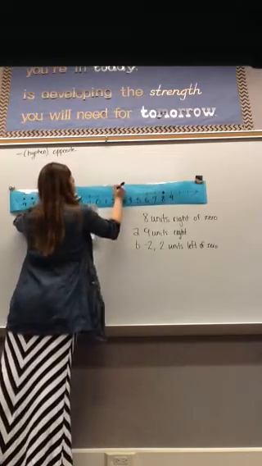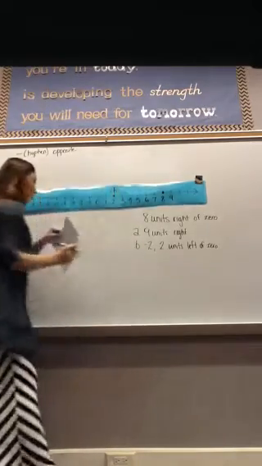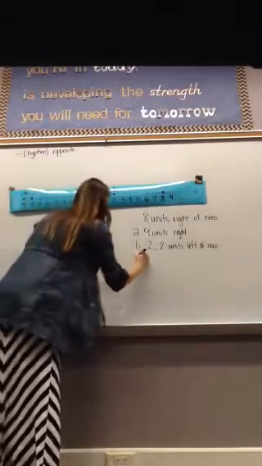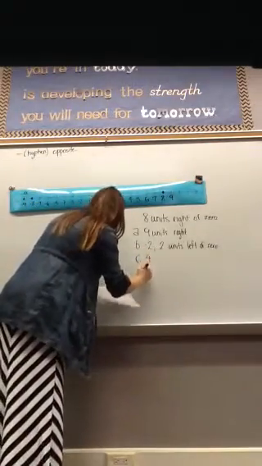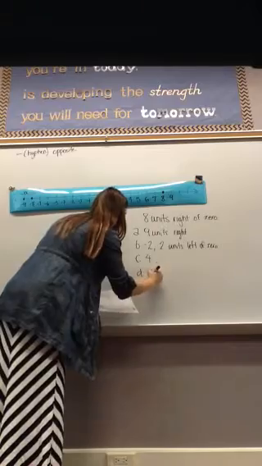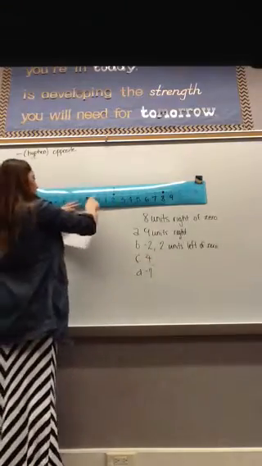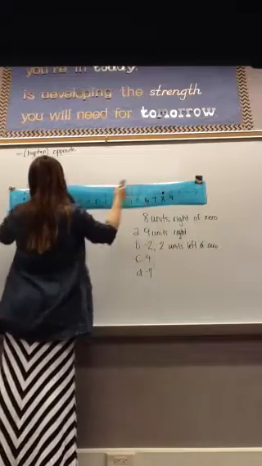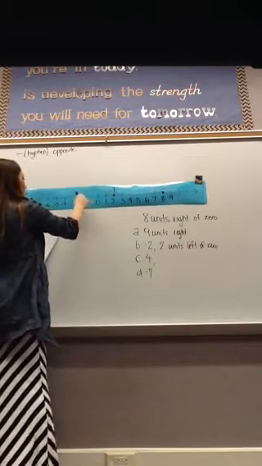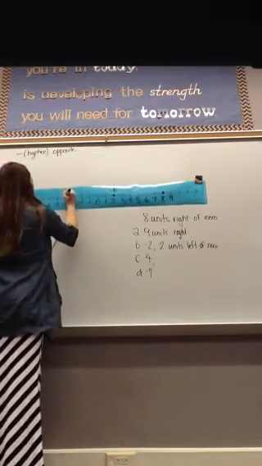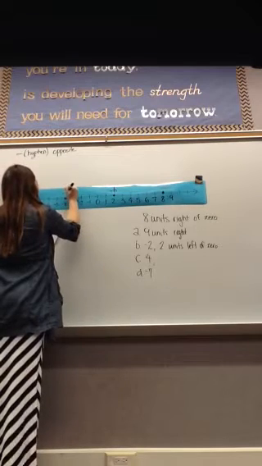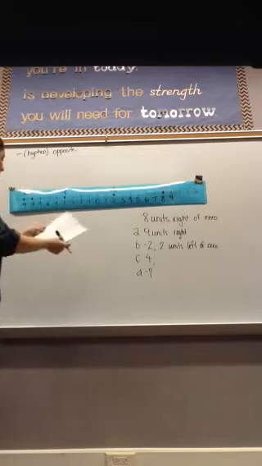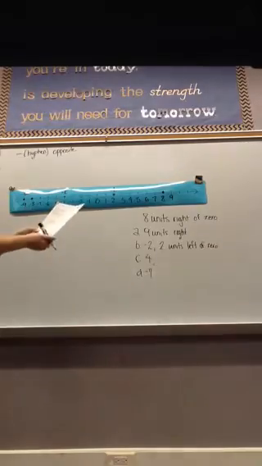Since that is B, this is the opposite of B. C is 4. D is negative 7. Okay, so 4 is 4 units to the right of 0. The opposite is 4 units to the left. 1, 2, 3, 4. So we've got our point there. This represents the opposite of C.